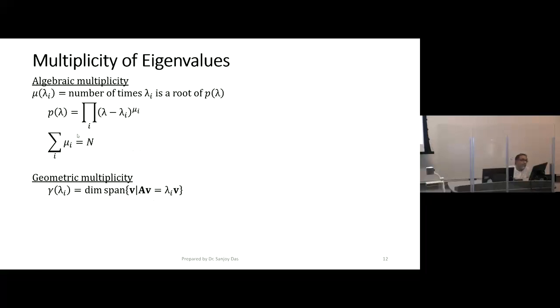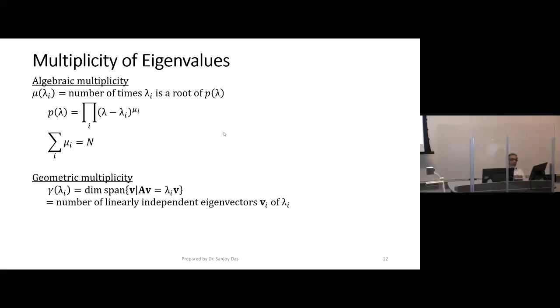So if the algebraic multiplicity is mu i, then the geometric multiplicity can never exceed mu i, because at best you can have mu i number of different eigenvectors. So this is the geometric multiplicity of this eigenvalue lambda i.